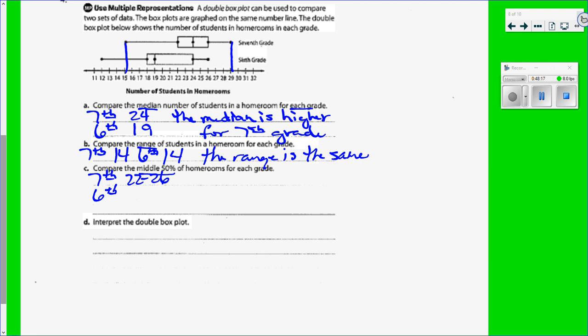What's the middle 50% for 6th grade? 18 to 24. So if I were to compare those, what would I say? There's more variability in 6th grade. So in other words, the range there is larger.